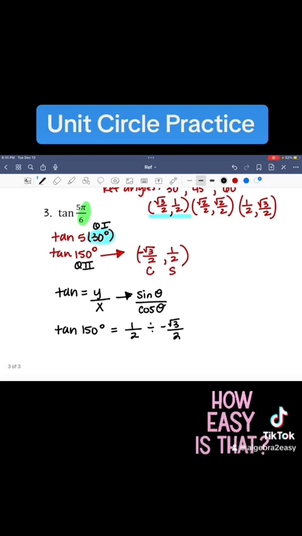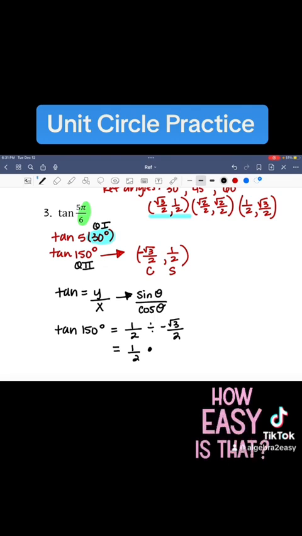Now remember, we do not divide fractions by hand. We multiply by the reciprocal. Or your teacher may say keep, change, flip. So keep 1/2, change division to multiplication, and then flip negative radical 3/2 to negative 2 over radical 3.